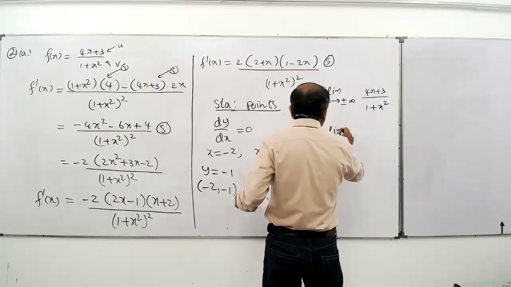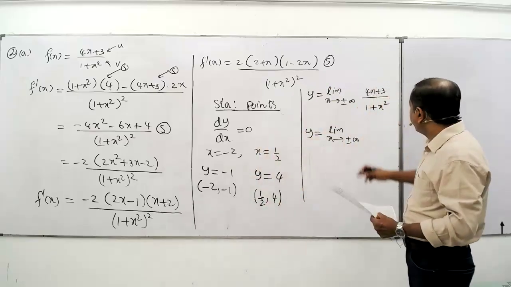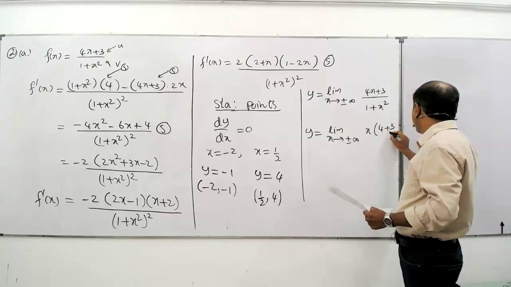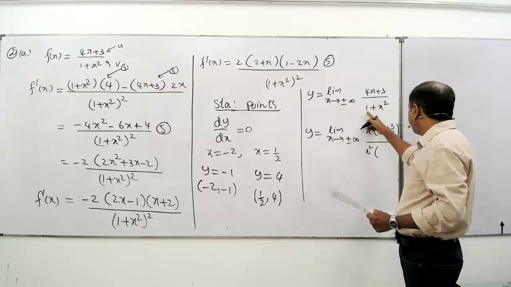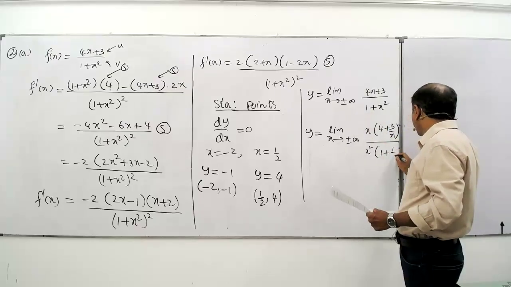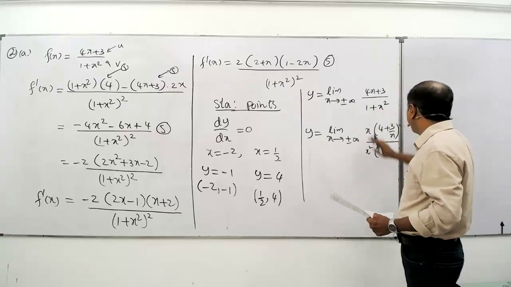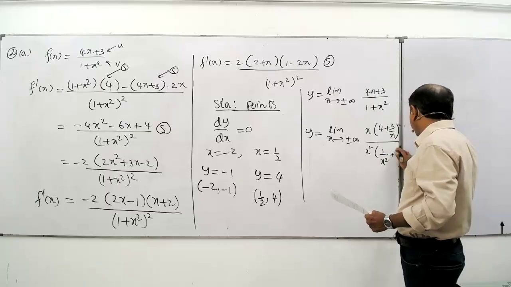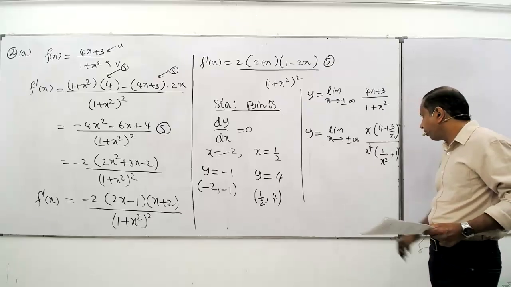Limit as x goes to plus or minus infinity. What do we do there? We take x out from the numerator: 4 plus 3 over x. Here take x squared out: 1 over x squared plus 1. This and this you can cancel down. Then you can put x to infinity.